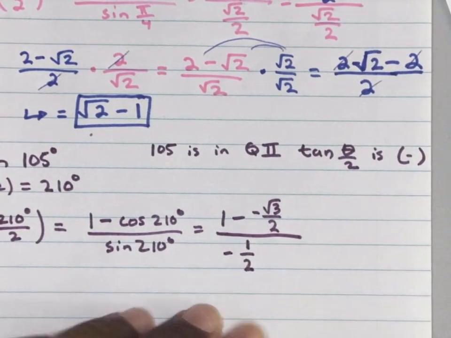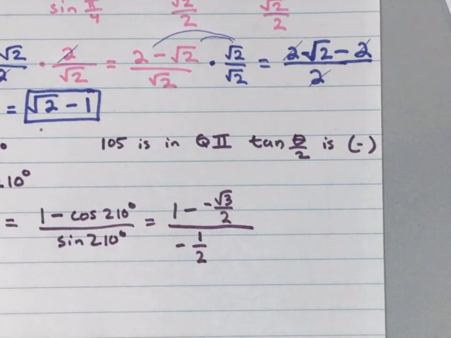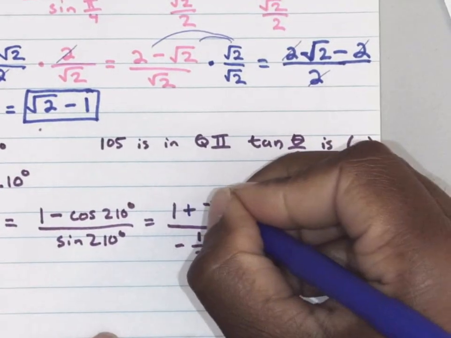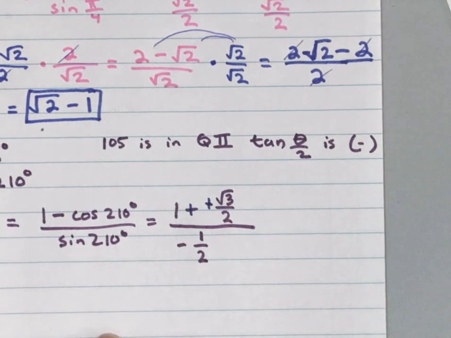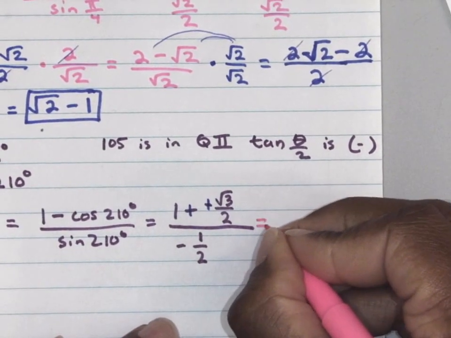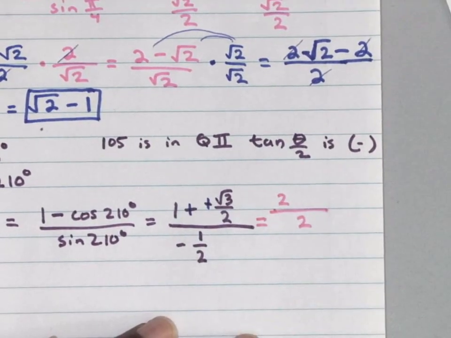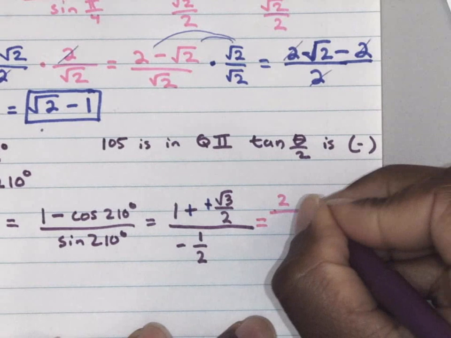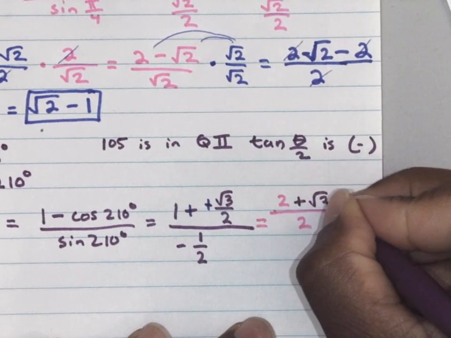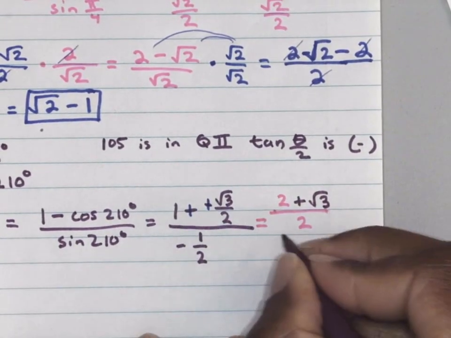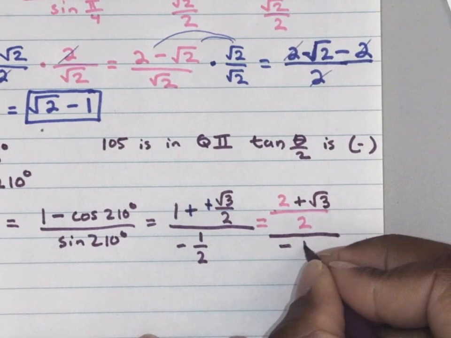In the third quadrant, it will also be negative. On the top, a negative minus a negative will make it positive. And then I need 1 to have a common denominator of 2. So I'll write it as 2 over 2. And then what we already had was plus root 3 over 2 also. And then this all is divided by negative 1/2.